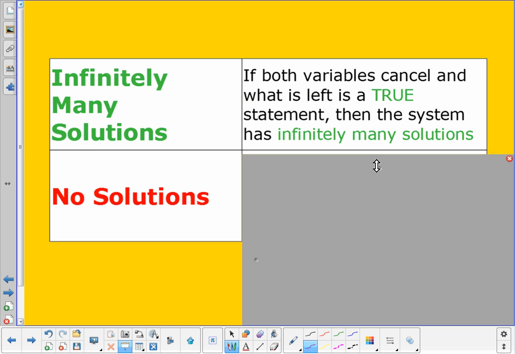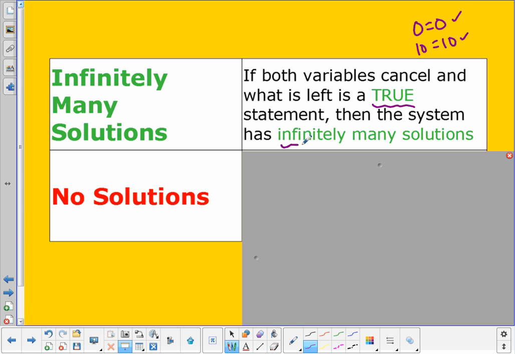Infinitely many solutions is when you have both variables cancel out. Both variables drop out of the equation after you start manipulating it and trying to solve it. If you are left with a true statement, what I mean by true statement is you'll have something like 0 equals 0 or 10 equals 10. We know that those are both true.